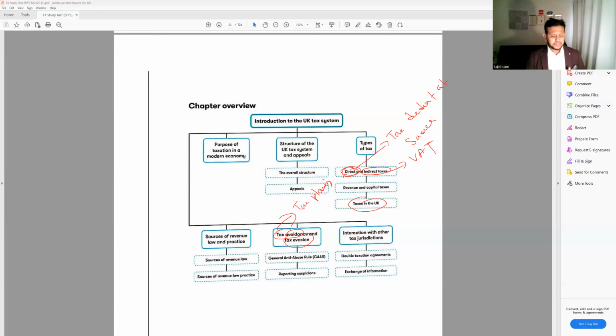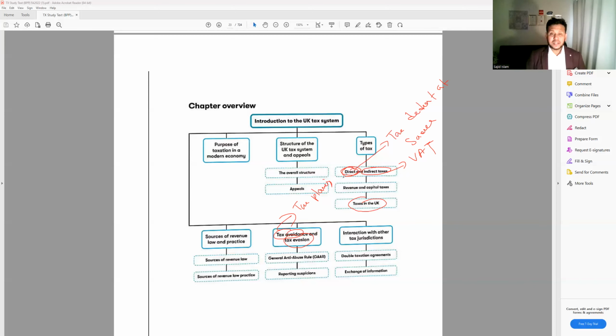For example, if the person doesn't know, if he's married, he can claim the marriage allowance. So you tell them, listen, if you are married, then you will have some tax savings. For example, if the person doesn't know, he can take some dividend, for example, £2,000 without any tax, and he's a director of a company. So you tell them, listen, if you're a director, you can take £2,000 without any tax.